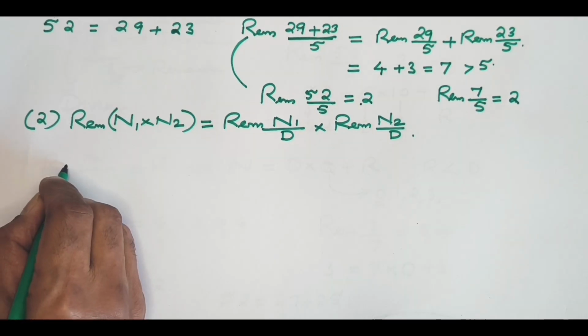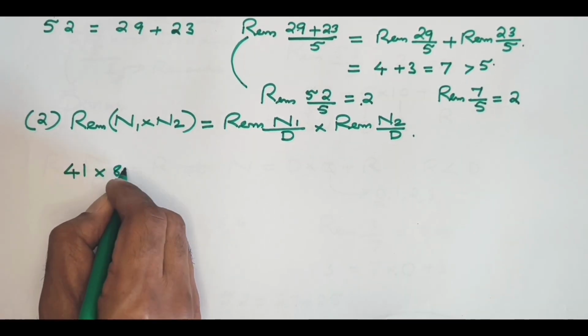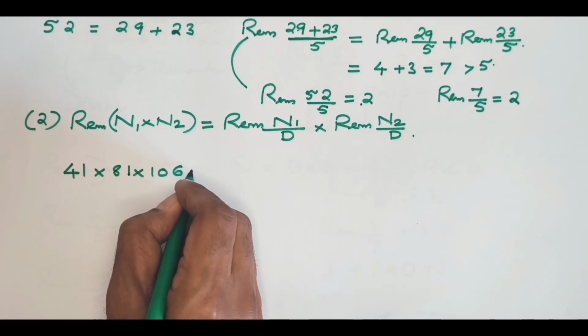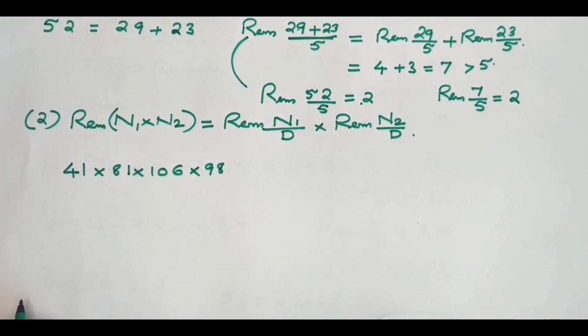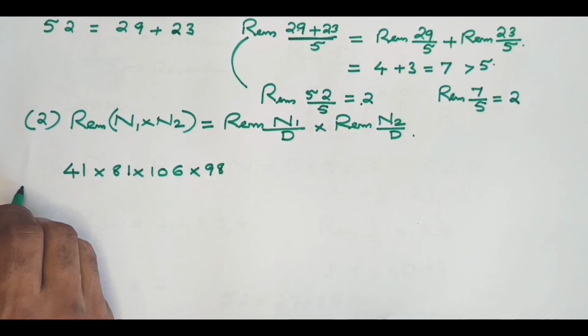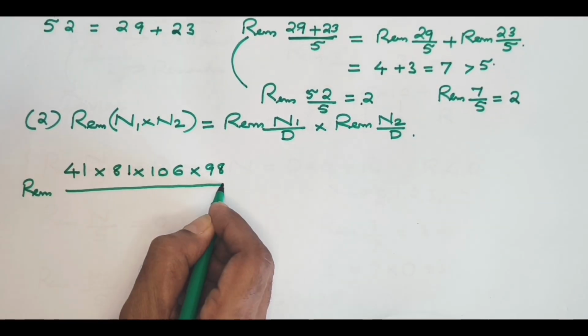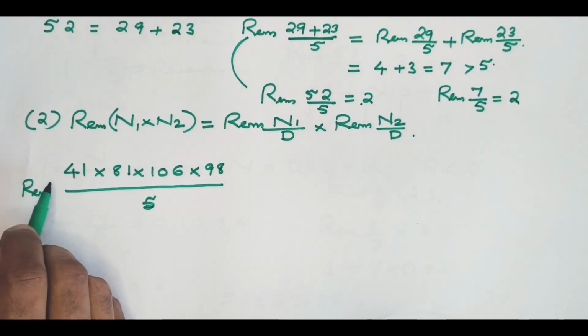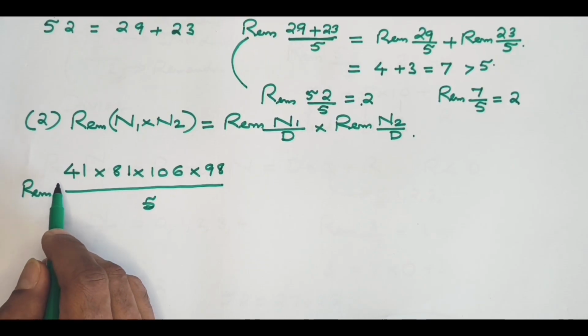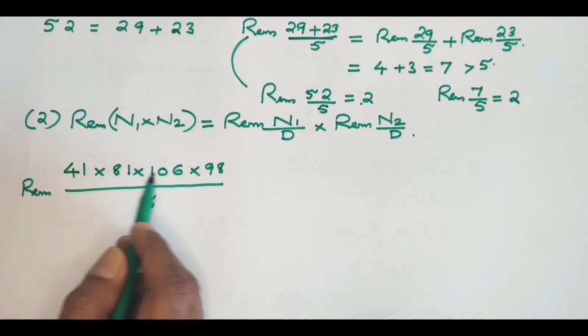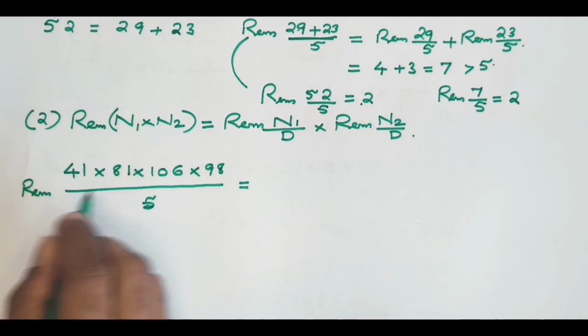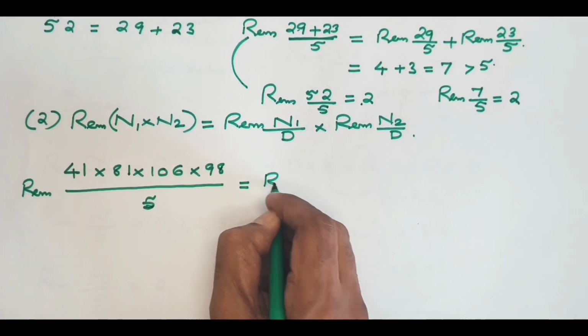Take a number like this. 41 multiplied by 81 multiplied by 106 multiplied by 98. Supposing you want to find out the remainder of this number when divided by 5 using the rule given here. Here there are 2 terms. You can extend it to any number of terms. In the given problem, there are 4 terms. All you have to do is just distribute to each of them.